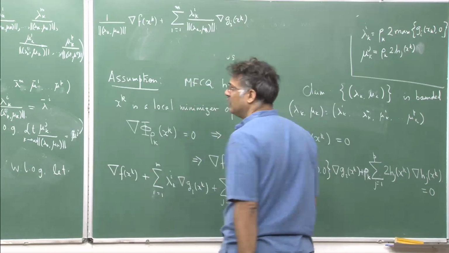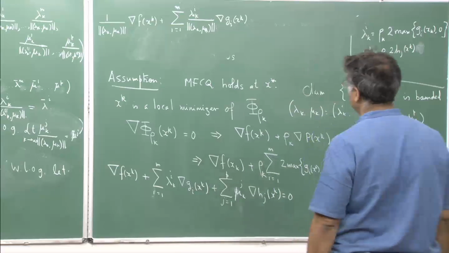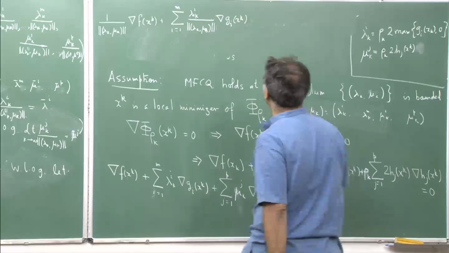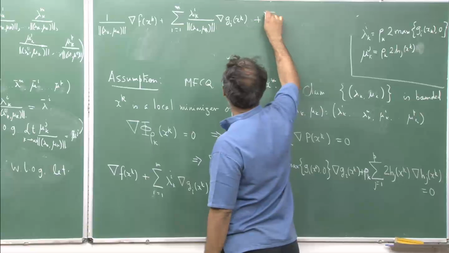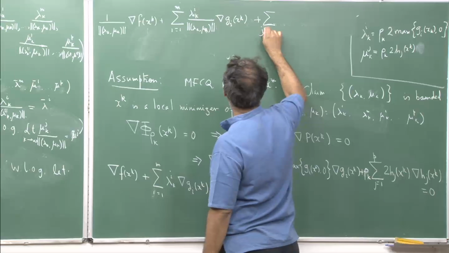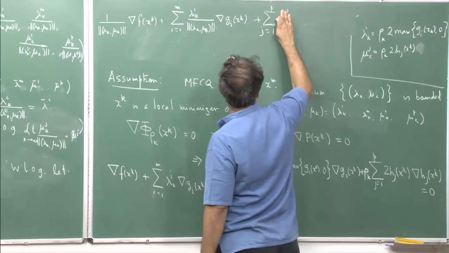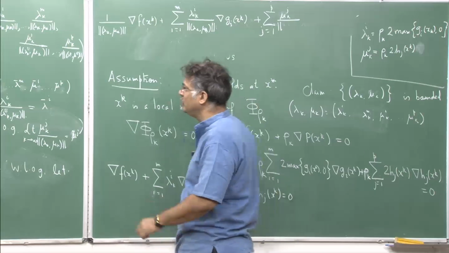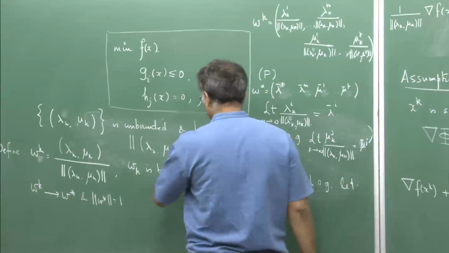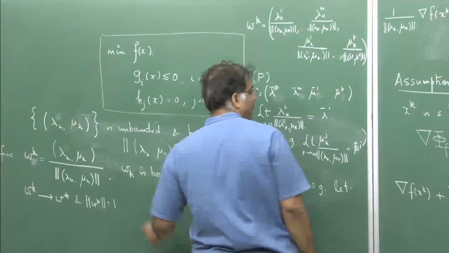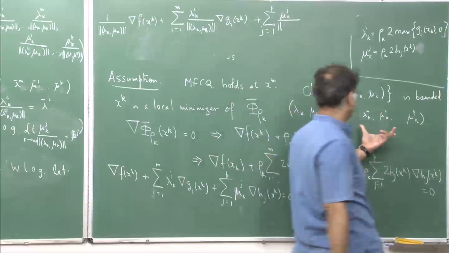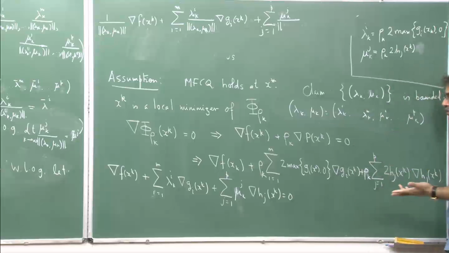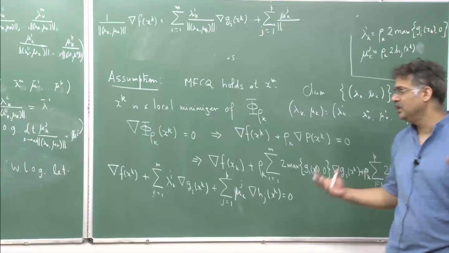Of course, I am assuming that all the functions are continuously differentiable, that is, the gradients are also continuous, plus summation j equal to 1 to p mu j k by the same norm. Because this norm of this vector is going to infinity, it cannot be all 0; for k sufficiently large it has to be non-zero.